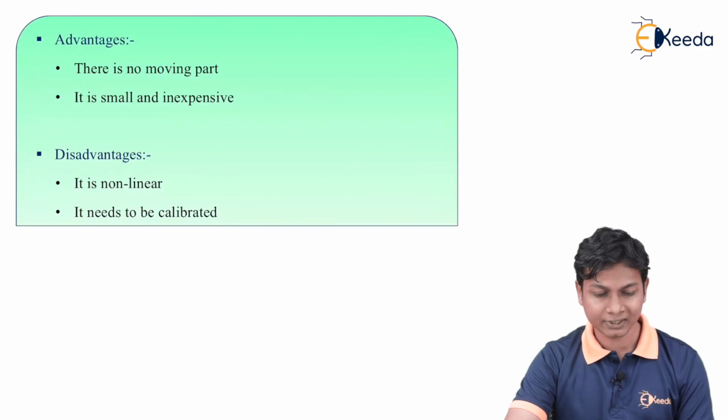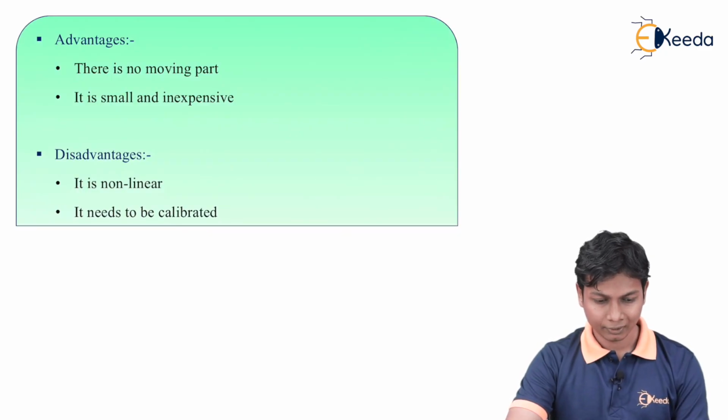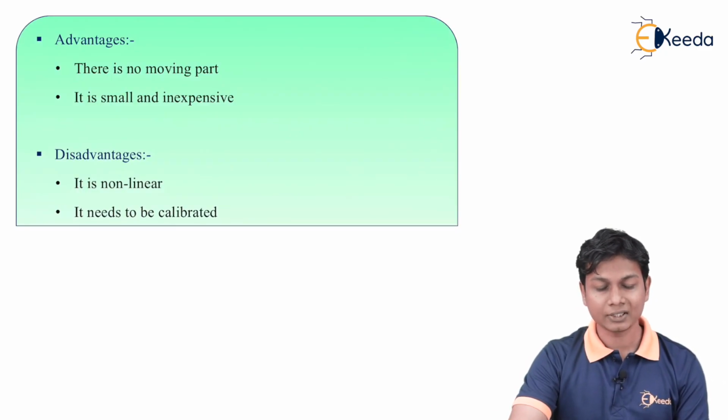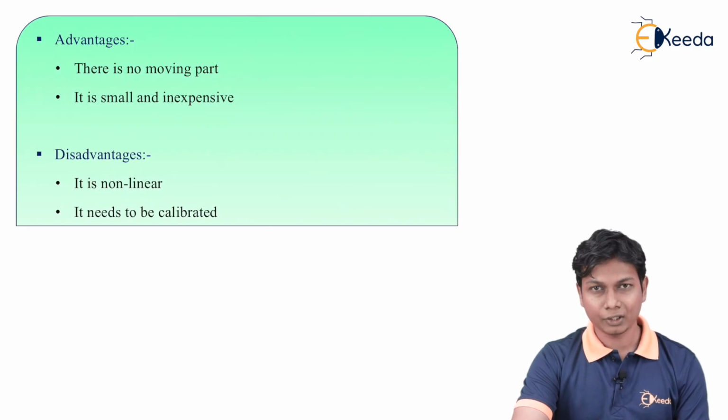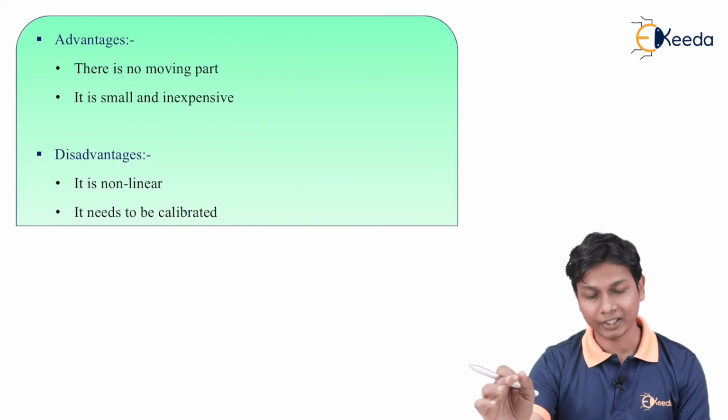Now, the advantage is no moving part, it is small, and it is not expensive. The disadvantage is also present. It can be non-linear, or it needs to be calibrated every time.